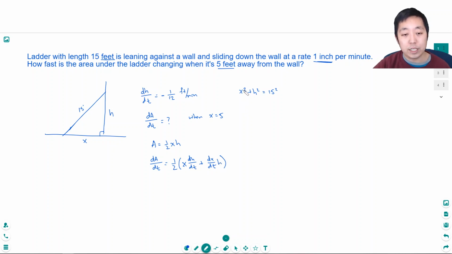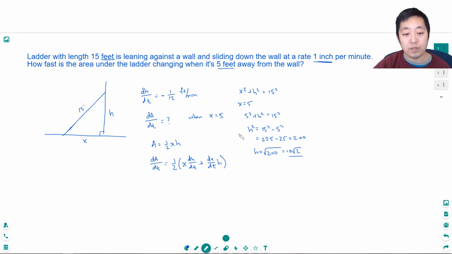I can figure out h, because when x equals 5, I have 5 squared plus h squared equals 15 squared. And so h squared is equal to 15 squared minus 5 squared. That's 225 minus 25, which is 200. So h is equal to the square root of 200, which is 10 root 2.